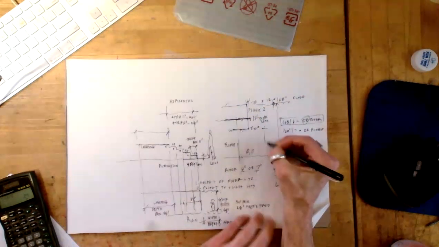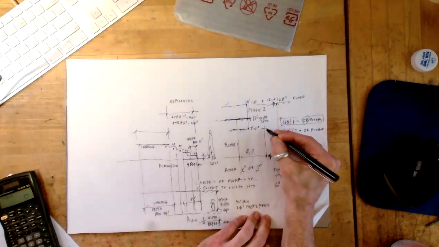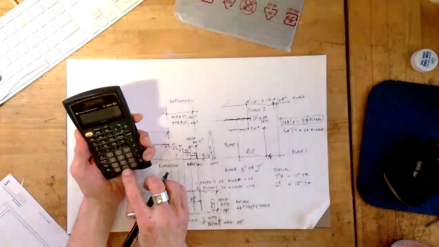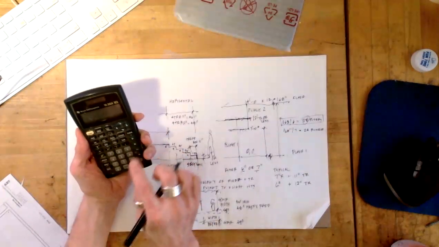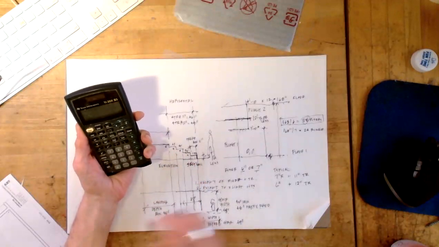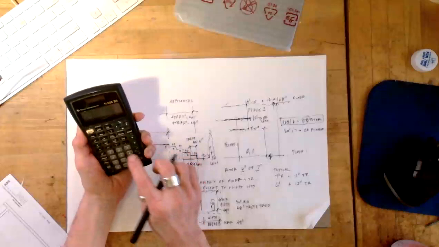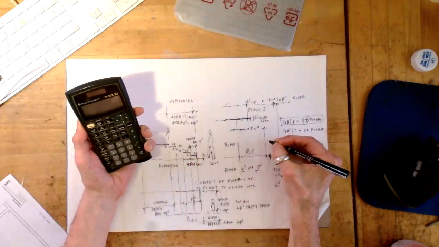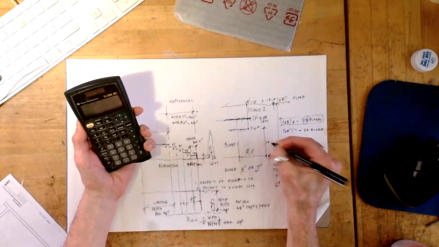So this is going to be 7 times 12, 84 inches divided by 6, which is 14 risers.